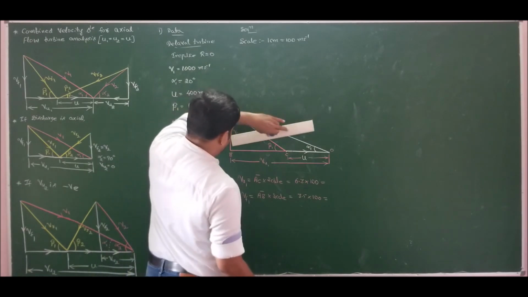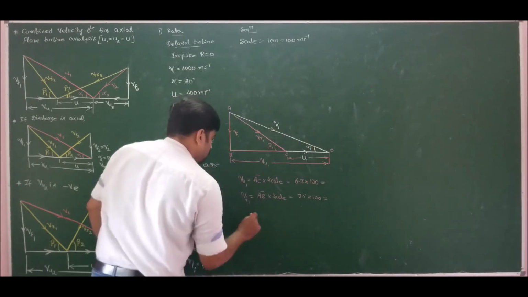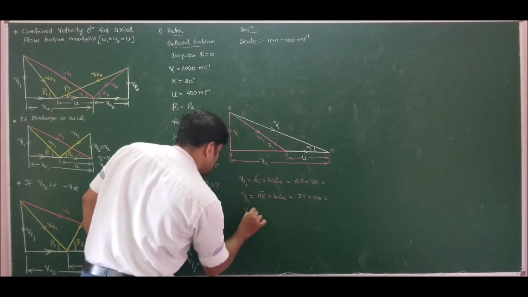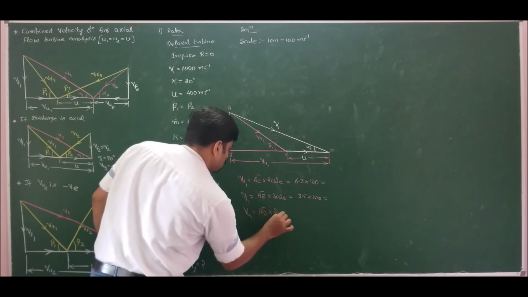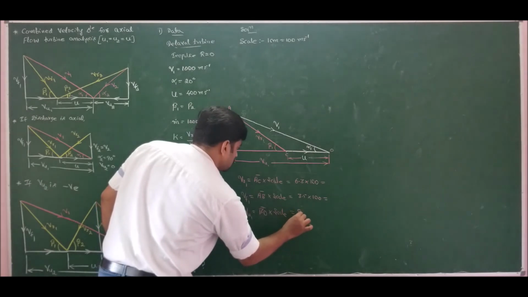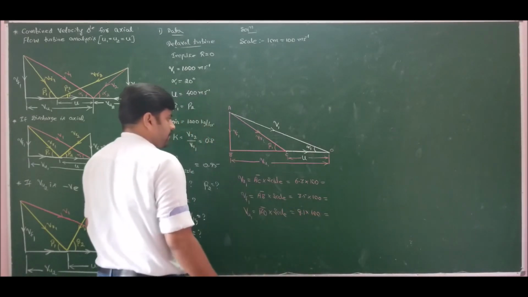And if I measure VU1, it is line length DO, 9.1 centimeters, into 100.